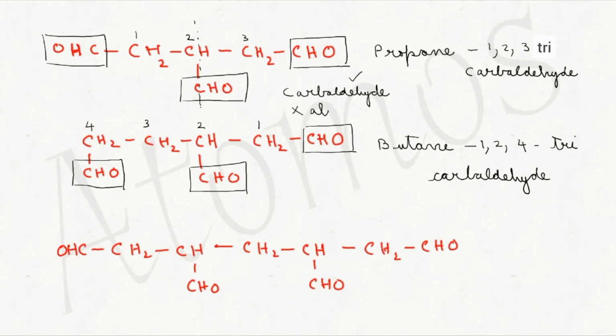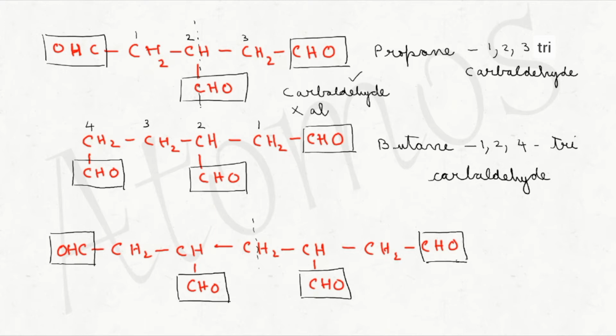See this one. Here, how many aldehyde groups are there? 1, 2, 3 and 4. All are directly attached to the carbon chain. Now it is easy. If more than 2 functional groups are there, we are excluding this aldehyde. And it's a symmetrical compound. Groups which are present on the left hand side also, right hand side also, are similar. So either you can give the number from the left hand side or from the right hand side.